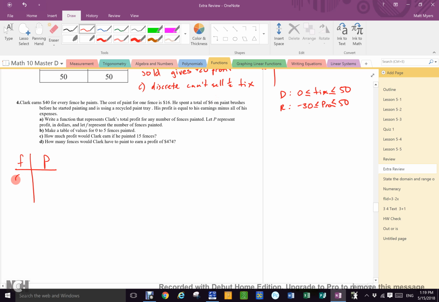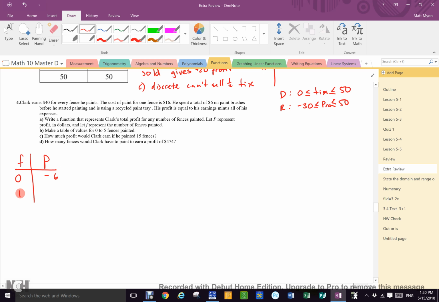So if he paints 0 fences, he's lost his $6, and he's bought $16 worth of paint. So his profit is negative 16 plus the $6, right? If he paints no fences, he's at minus $6 because he hasn't bought any fence paint yet.